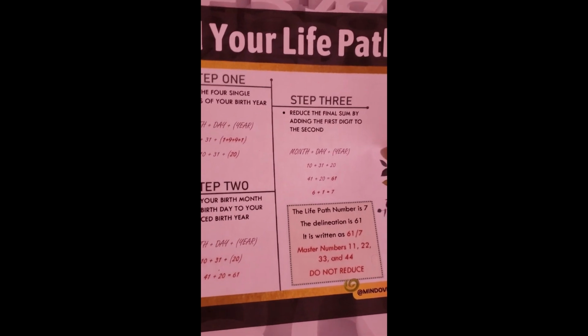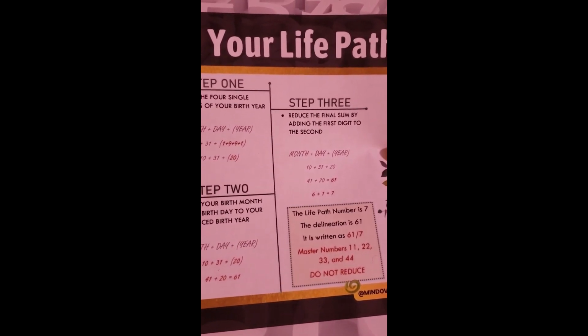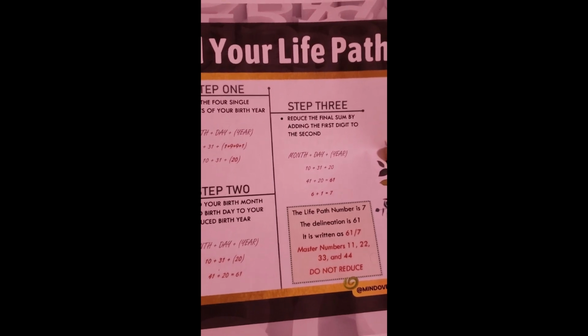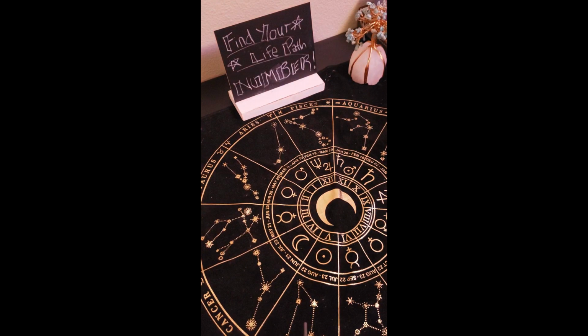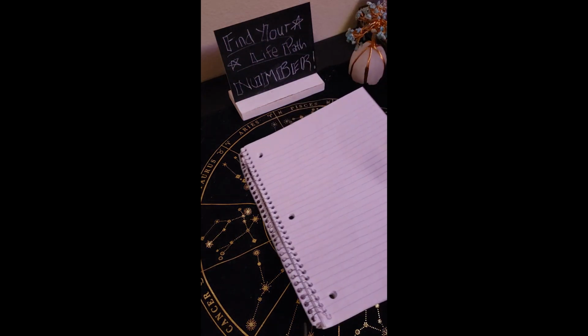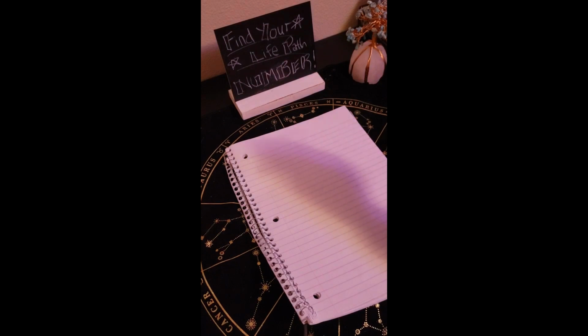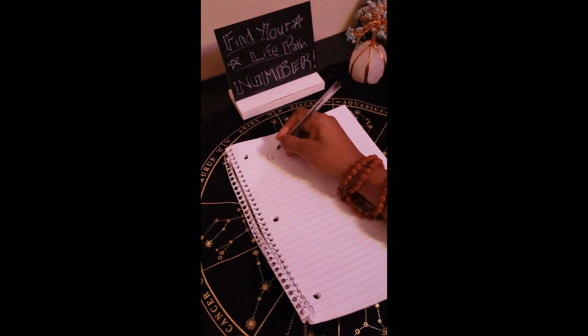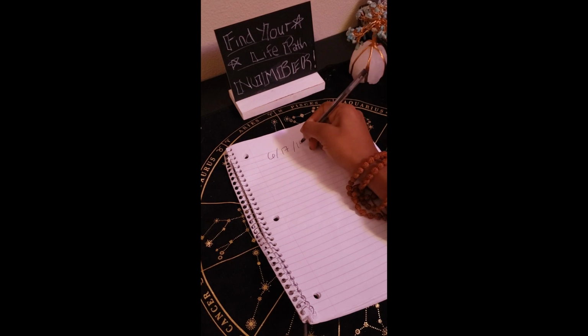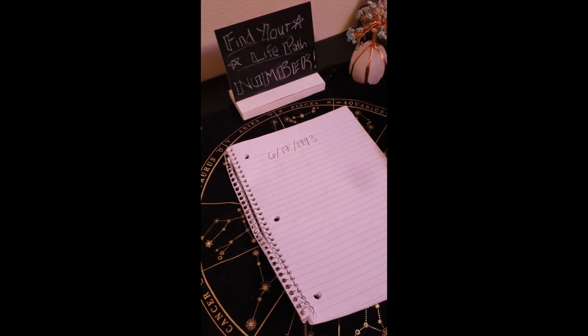But the master numbers again are 11, 22, 33, and 44. Now, following those basic steps of finding your life path number, I will give you another example with my own birthday, which is 6/17/1993.